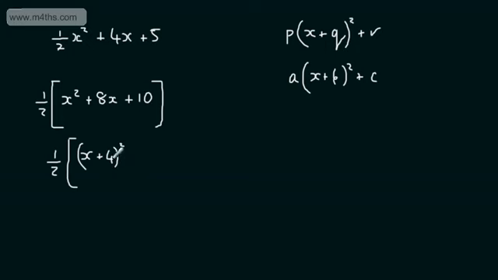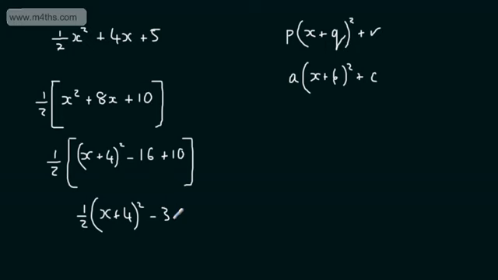I'm now going to subtract away 4 squared, which is minus 16, plus the 10. So that's going to give me now 1/2, so multiplying back through, 1/2 the quantity x plus 4 all squared. Here now I've got minus 4, so I've got minus 6. So minus 6 divided by 2 is going to give me minus 3. So that is in completed square form.